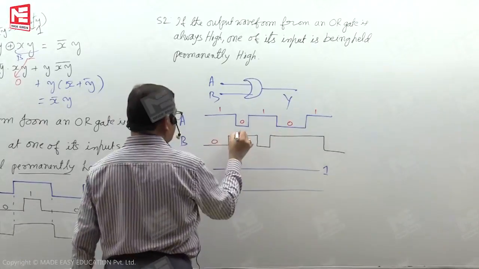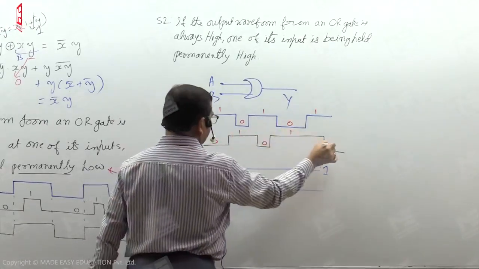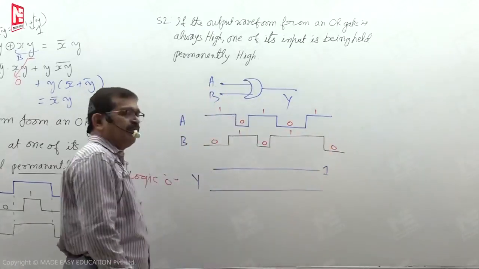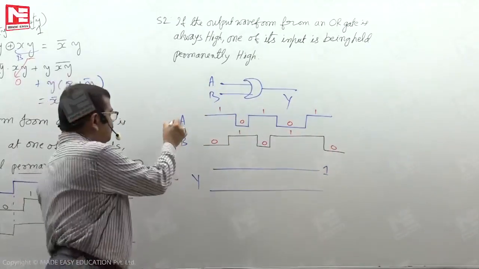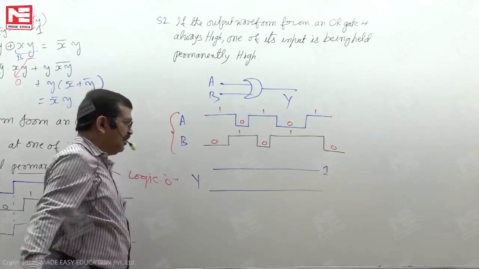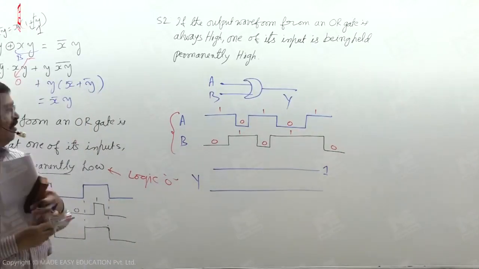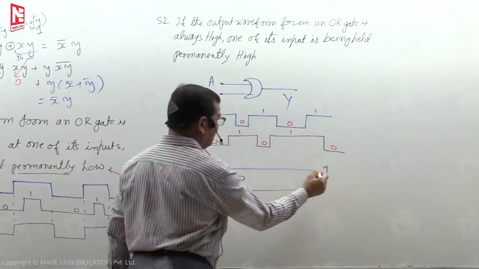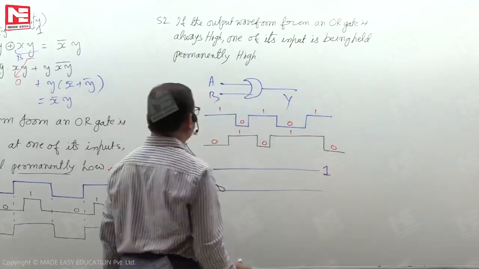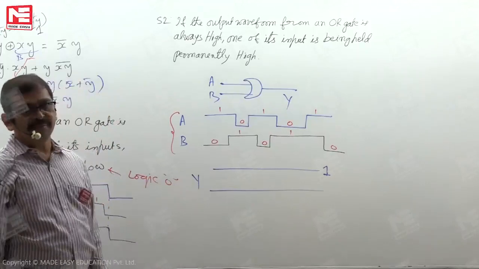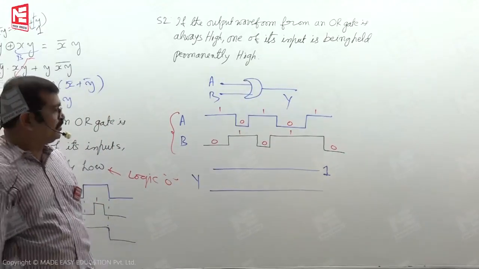Without keeping any one of the inputs permanently high, if these are the inputs to this OR gate, correspondingly the output is always 1. So without keeping one of its inputs permanently high, we are reading output as 1.